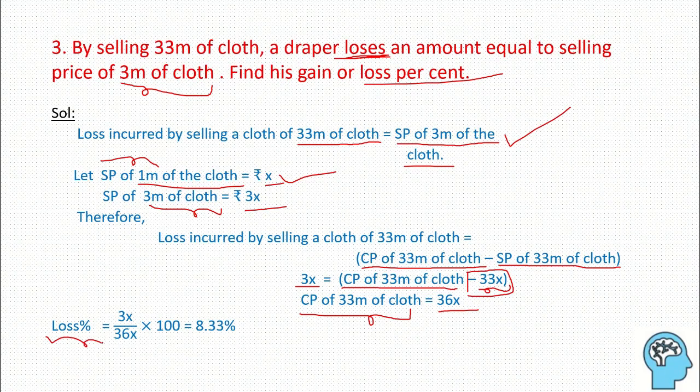Now the loss percent is nothing but the loss incurred by selling 33 meters of cloth, that is 3x, divided by the cost price 36x, into 100.